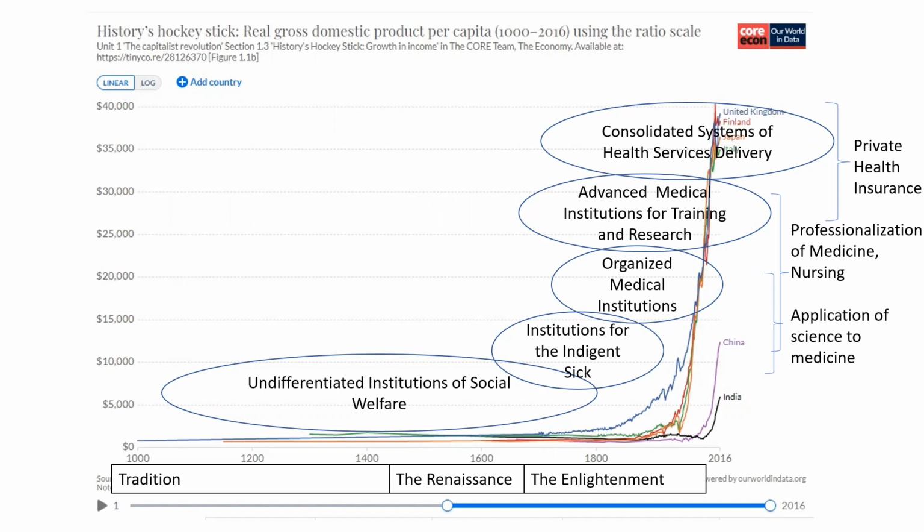Anyway, the word hospital comes from an order of knights called the Hospitallers, and I can't say it in French, but it's a French word. They set up hospitals, but what we would understand as really undifferentiated institutions of social welfare, specifically for people who were participating in the Crusades and making that journey to the Holy Land.